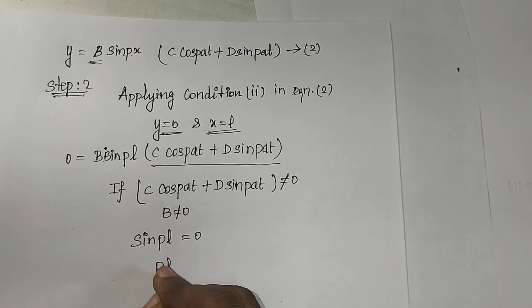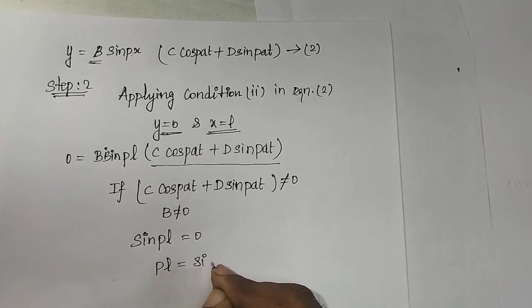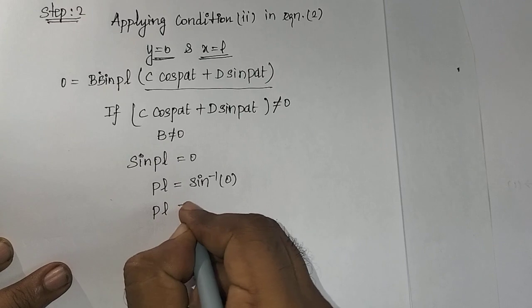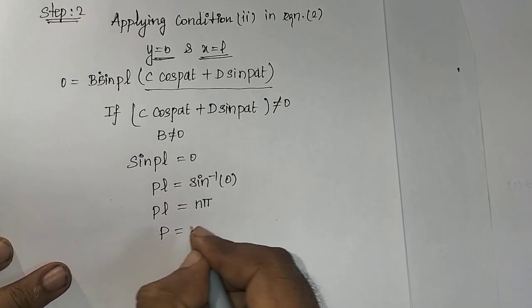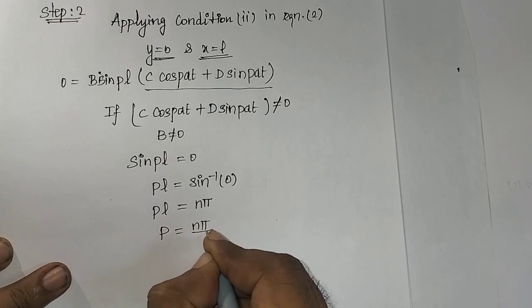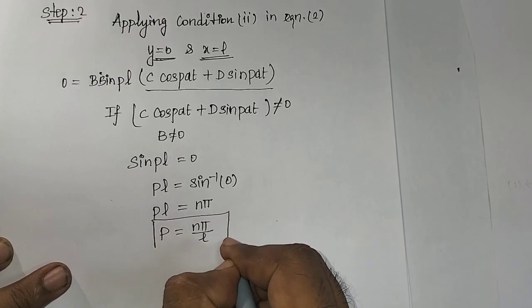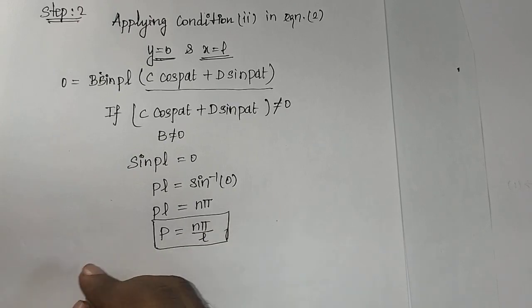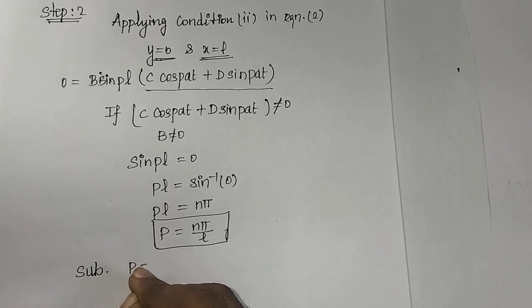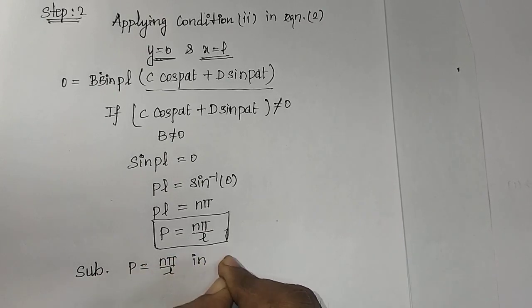So pL equal to, I shifted sin to the right hand side, sin inverse of 0. So pL equal to sin inverse of 0, which represents n pi. So I will get p equal to n pi by L. Again we have to substitute this p equal to n pi by L in equation 2.